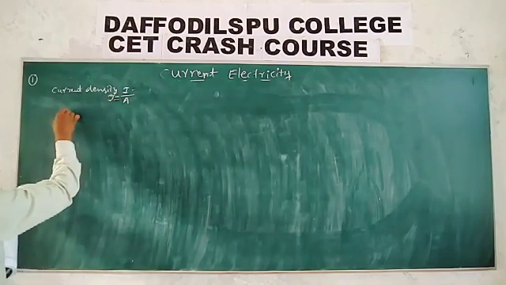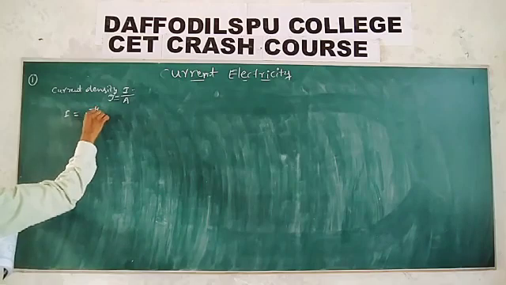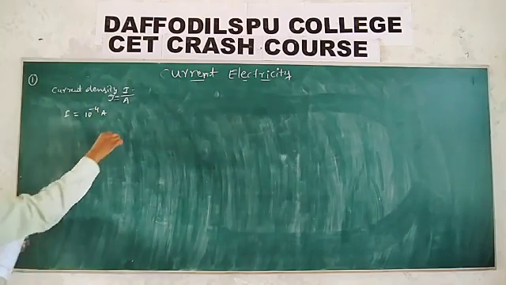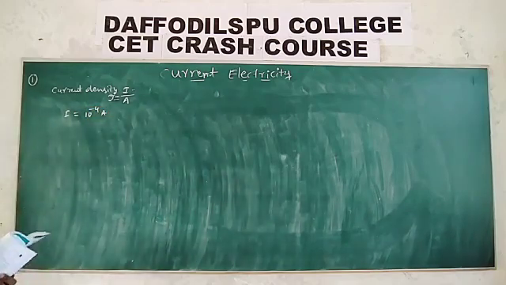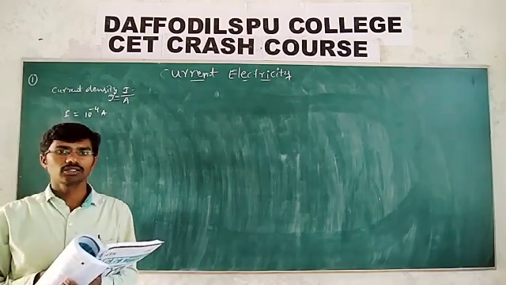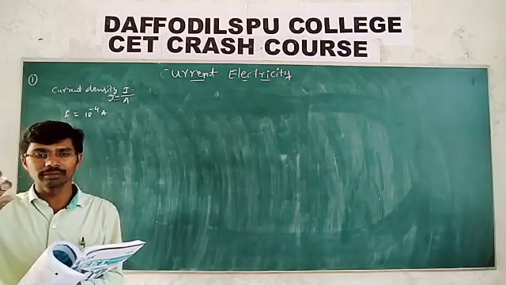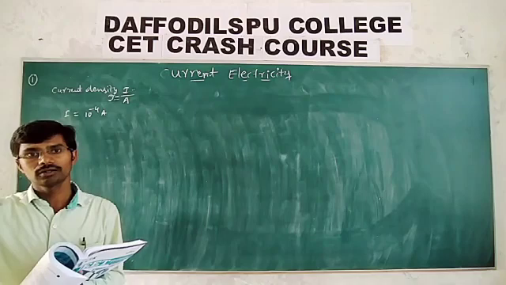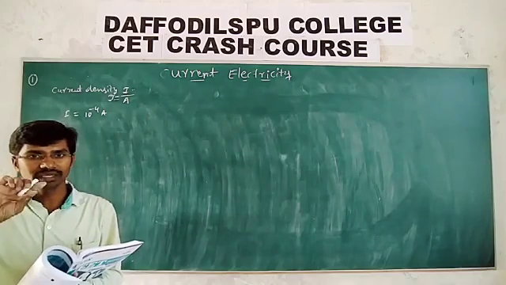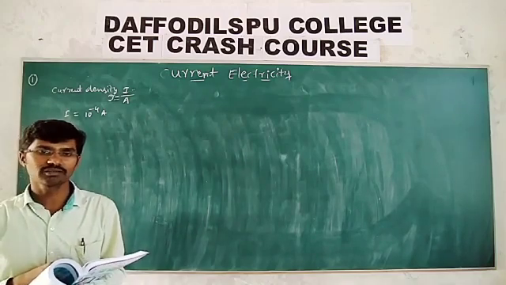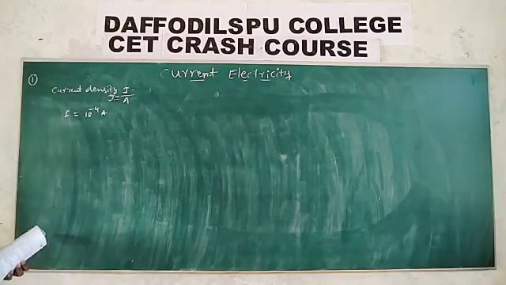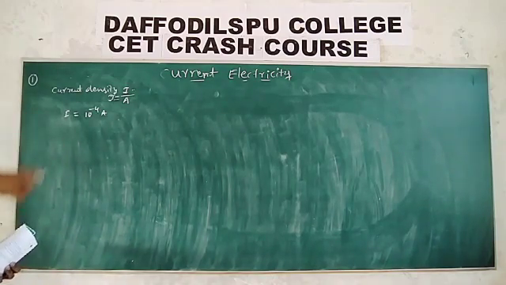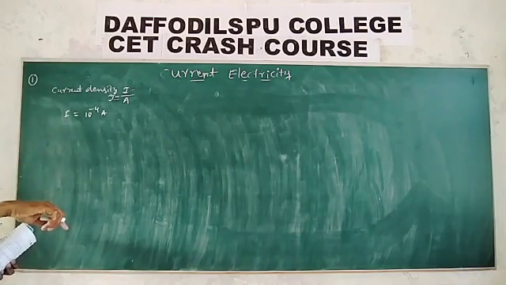But the current is given here as 10 power minus 4 ampere. But what will be the area in a generator? In a generator, what will happen? It is moving in between the plates of the magnetic field. The armature is in rotation between the magnetic fields. Now in that, we have a belt to rotate those wheels.